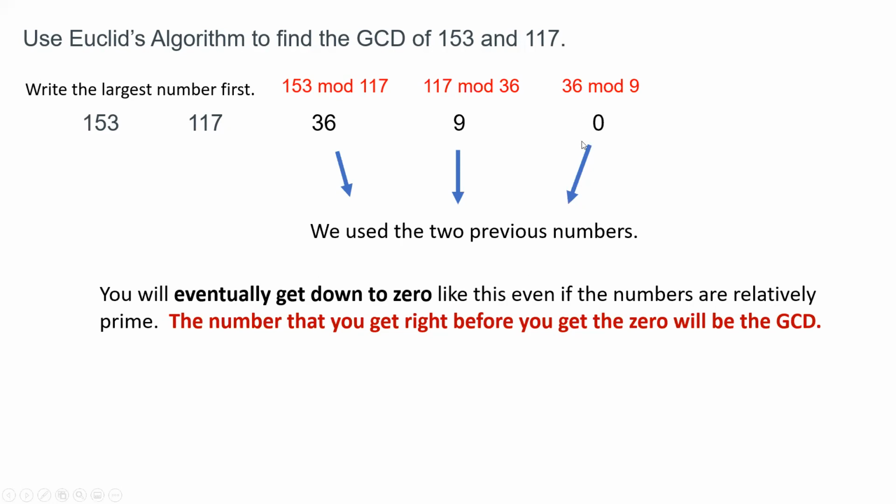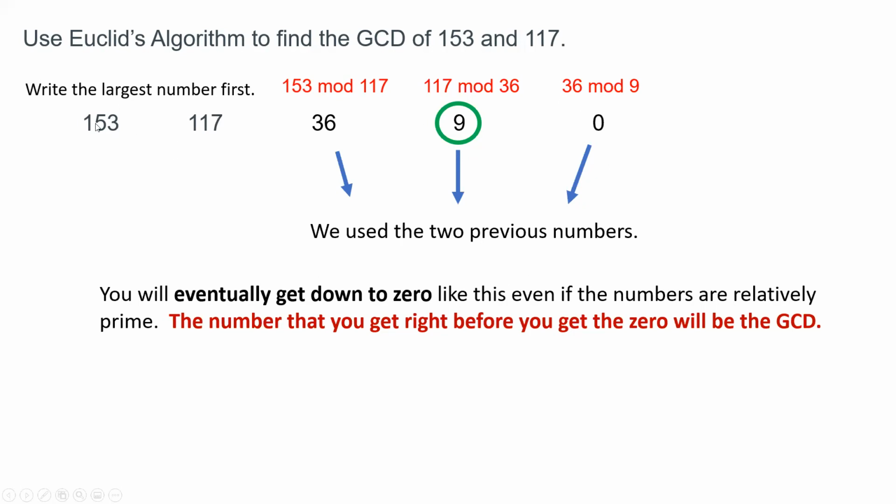So we see 0 here, so we step back 1. This is the GCD. So now we can say that 9 is the GCD of not only some of these other combinations, but also of this original set of larger numbers. So 9 is the GCD of those.